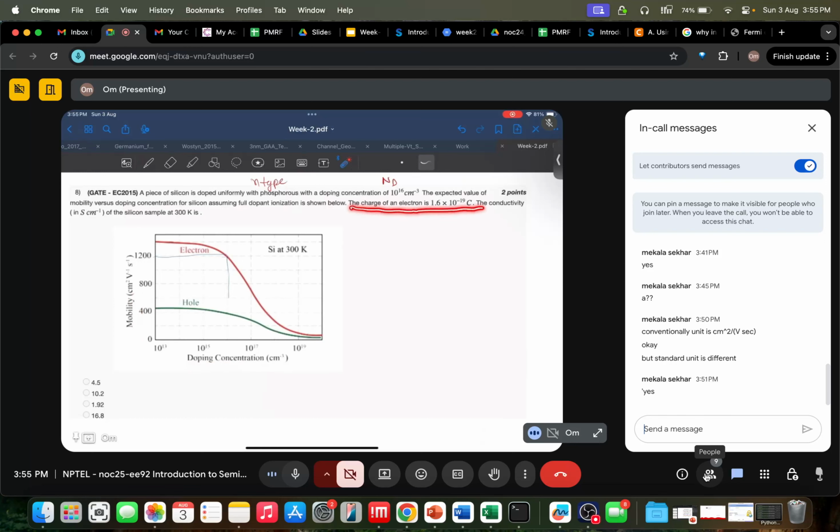The charge of an electron is this. Find the conductivity in Siemens per centimeter of the silicon sample at 300 Kelvin. So we have to find sigma. ND is 10 to the power 16 per centimeter cube. Temperature is 300. Okay, so how do we solve this?